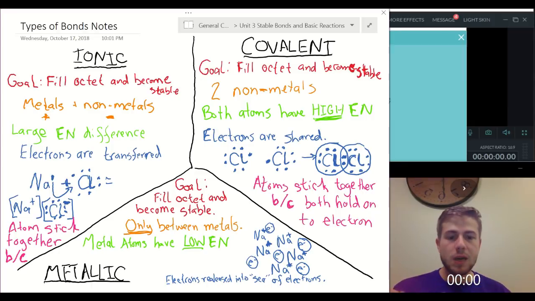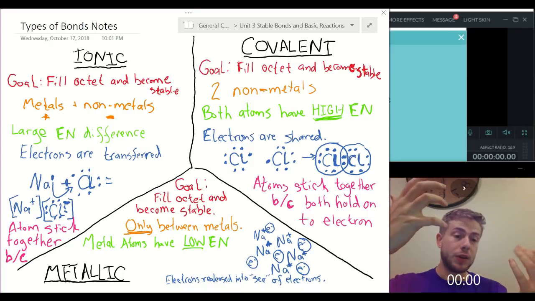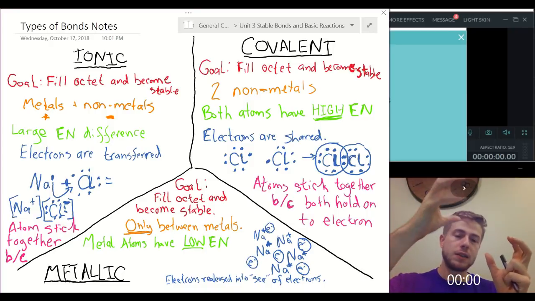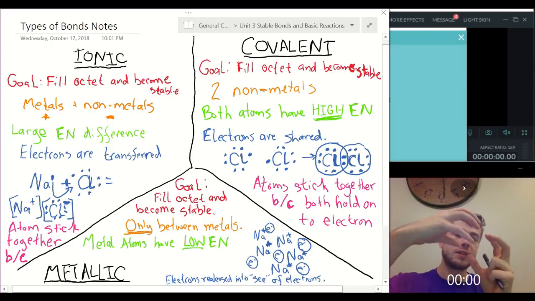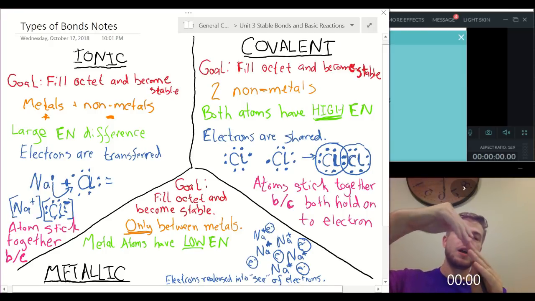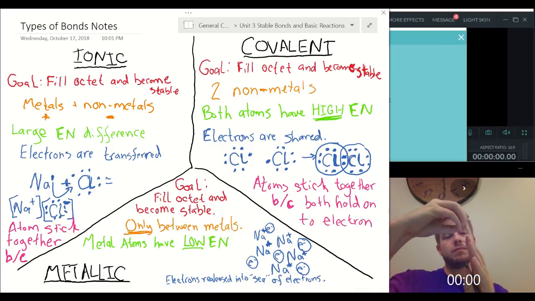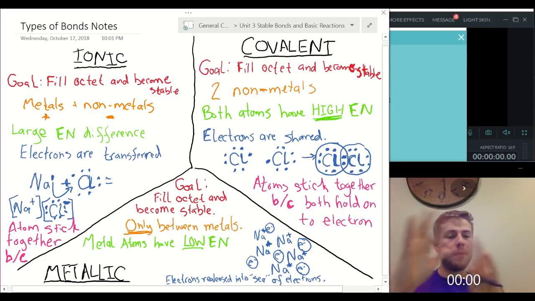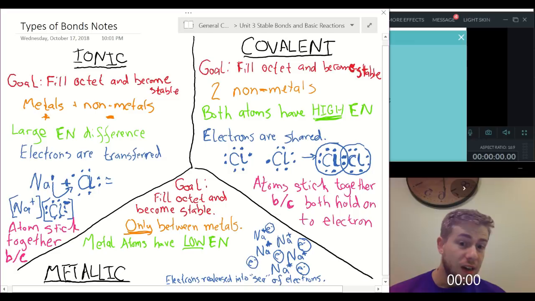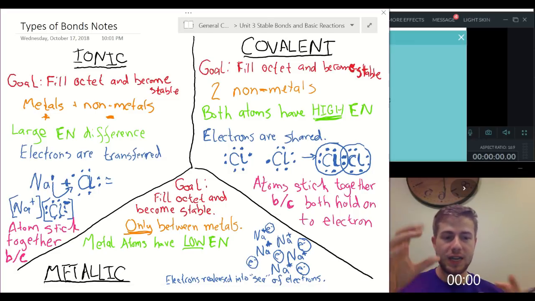So sodium is now positive, and the reason these sodium atoms stick together is because opposites attract. We've got positive sodium ions and negative electrons. They kind of attract a little bit. And even though they're moving around, they kind of stick together because this sodium atom is sticking slightly to this electron. This one is too. There's kind of like a web of attraction here. So the sodium and the electrons kind of stick together, and they're kind of moving in that sea of electrons.